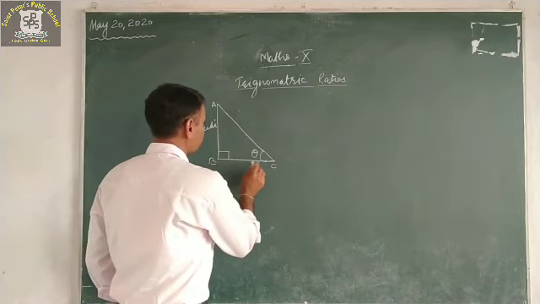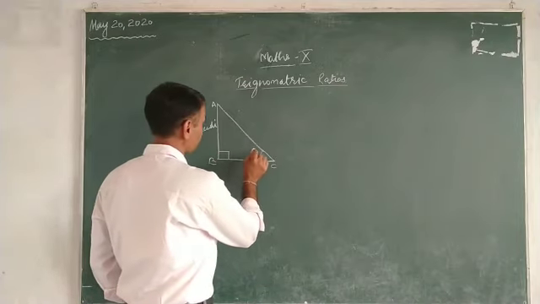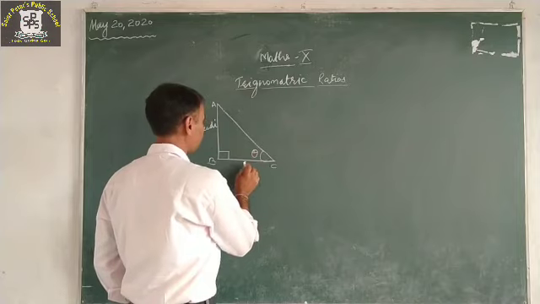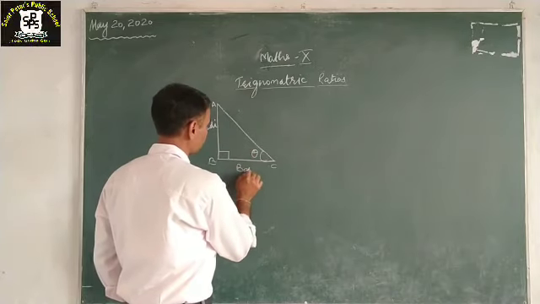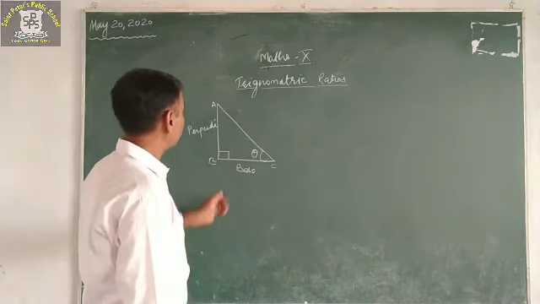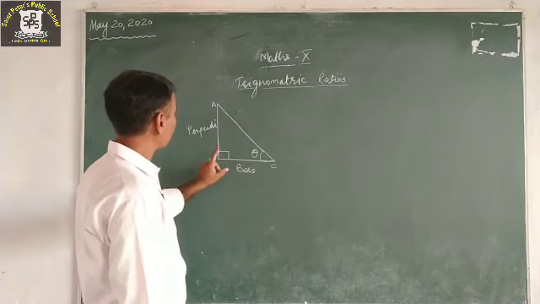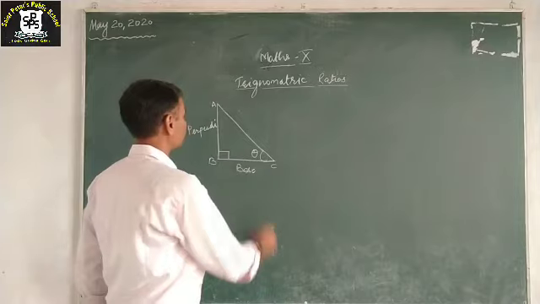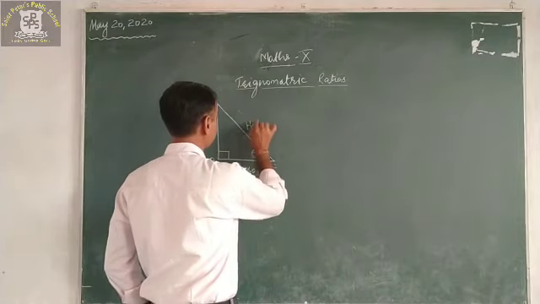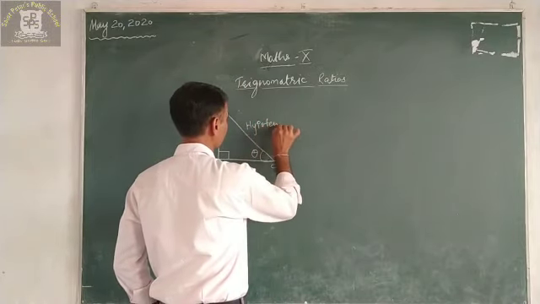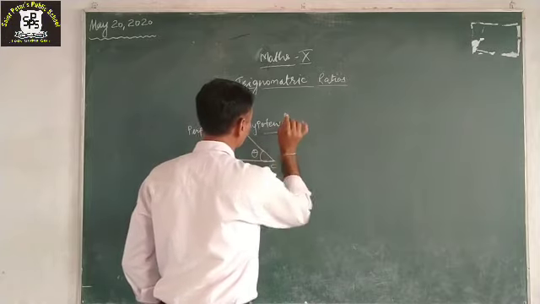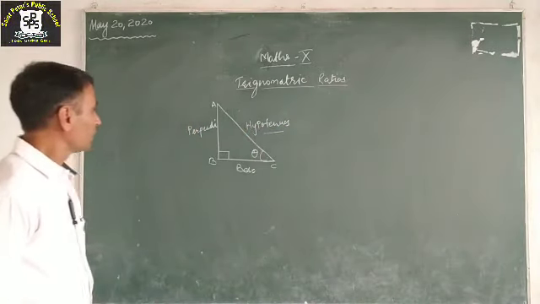The line on which the angle is made is known as base, and the longest side of the right angle triangle, or we can say the side opposite to the right angle, is known as hypotenuse.